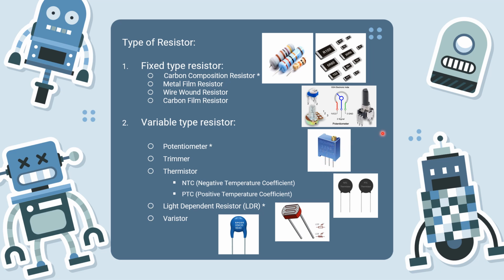We will have some projects on them, so you will get more familiar with them in a practical project. Or we can change the resistance value by physical changes. For example, a thermistor, whose resistance value changes with temperature, has two different types, NTC or PTC.